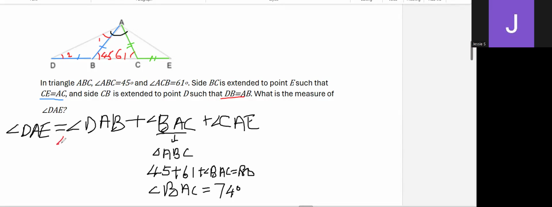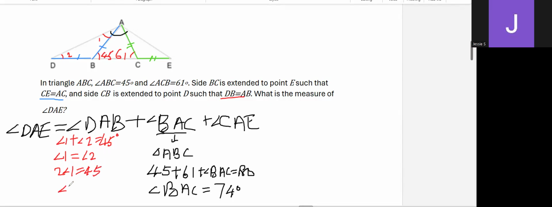So angle 1 plus angle 2 is equal to 45 degrees. Since angle 1 is equal to angle 2, we can say 2 times angle 1 is 45 degrees.